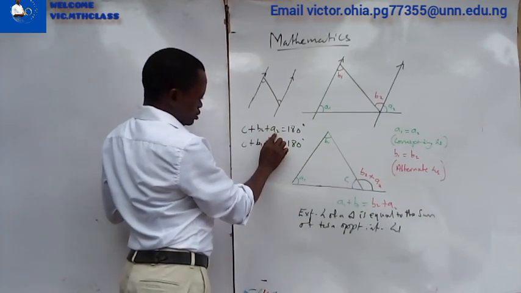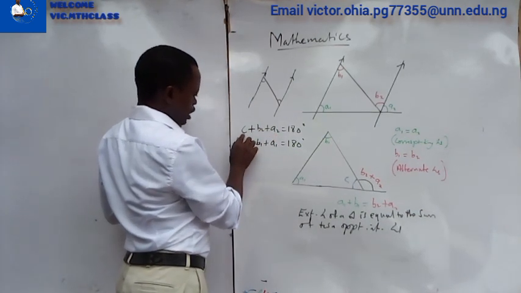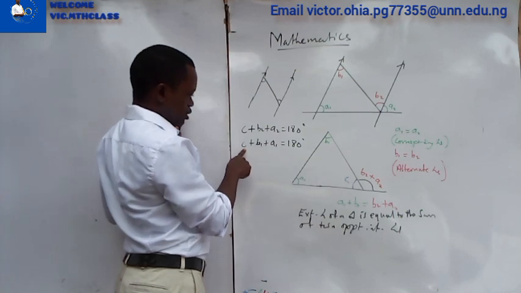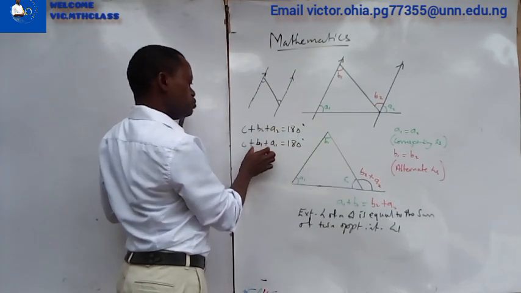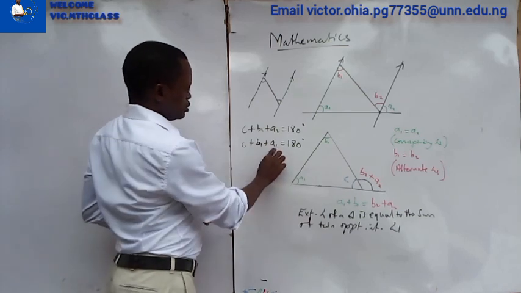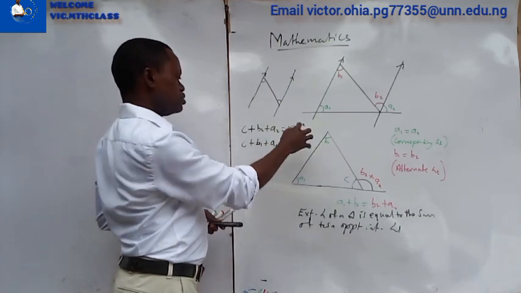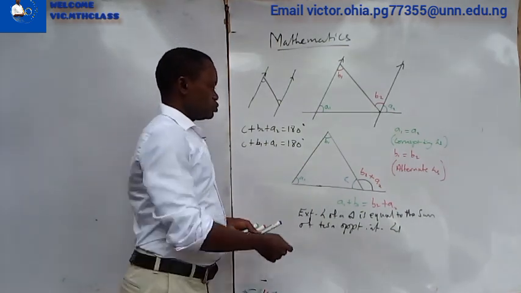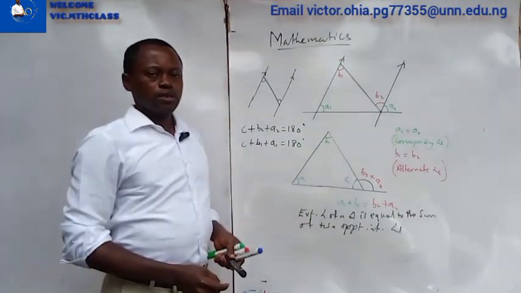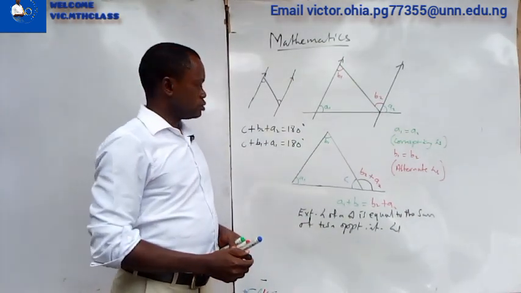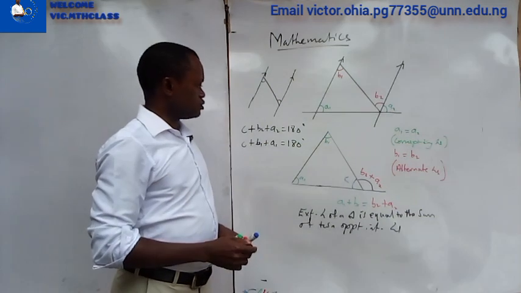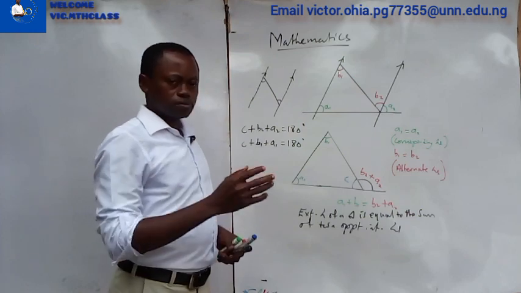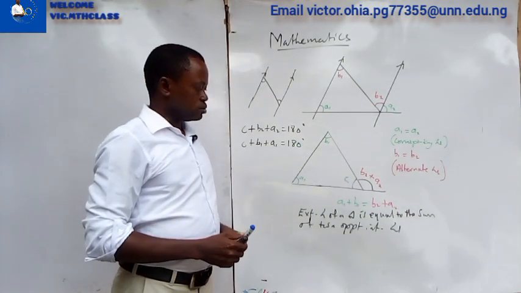If this is this, then this is repeated here. And if we have logically seen that this is 180 degrees, then it means conclusively that this must be 180 degrees. This is a simple way to show that the sum of angles in a triangle is 180 degrees. I just believe that this explanation is very simple and does make a lot of sense to us.